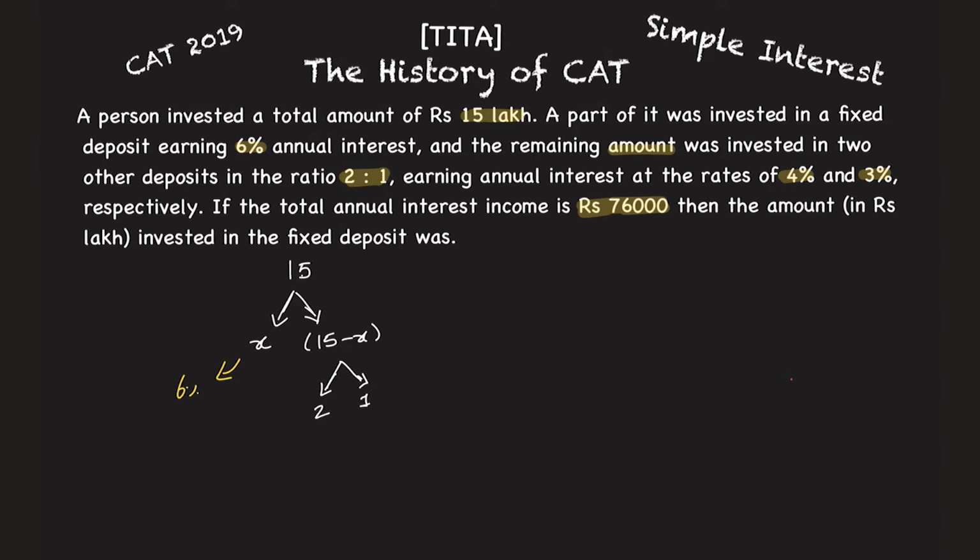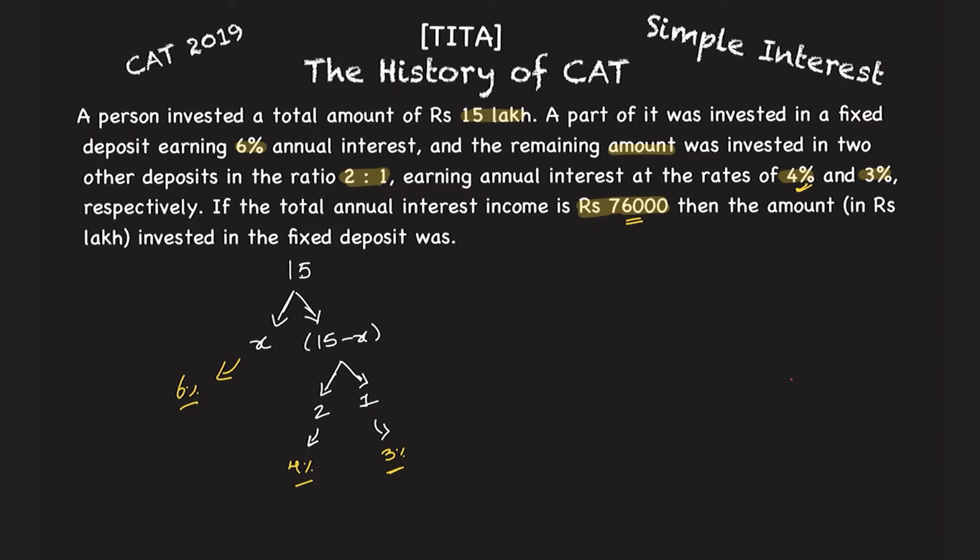The 2 part is at an interest of 4% and the 1 part is at an interest of 3%. And the total interest from this 6%, this 4% and this 3% is nothing but your 76,000, which is given in the problem. So let's calculate this.